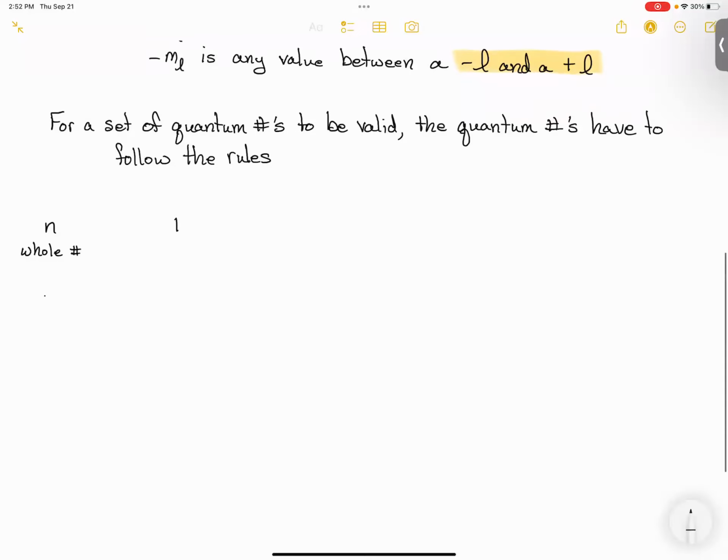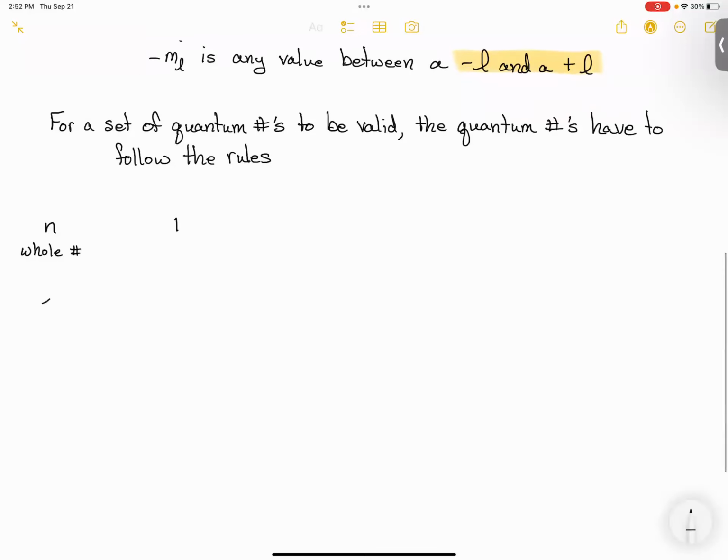From there, we move to the L value, which is the angular momentum quantum number, which can be anything from 0 to N minus 1. Well, let's think about this from a mathematical standpoint. That means we are talking about something that can be 0 to 1 minus 1, because that's what our N is. Or in other words, it has to be equal to 0.